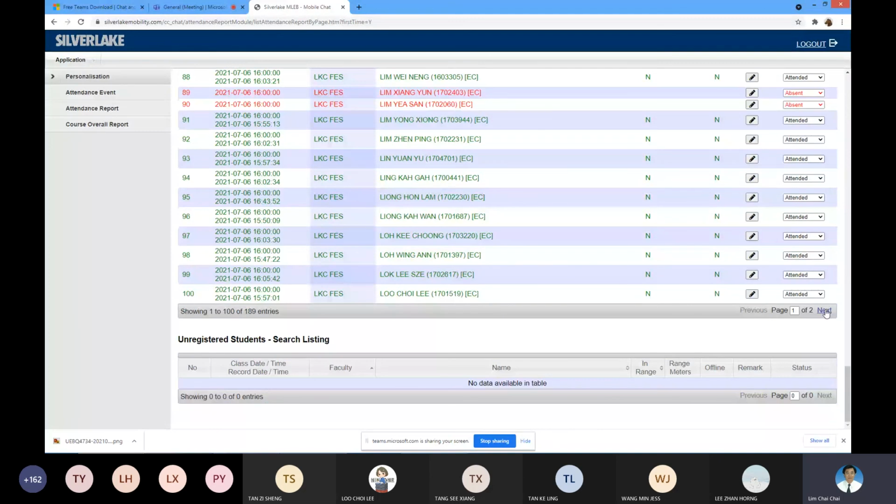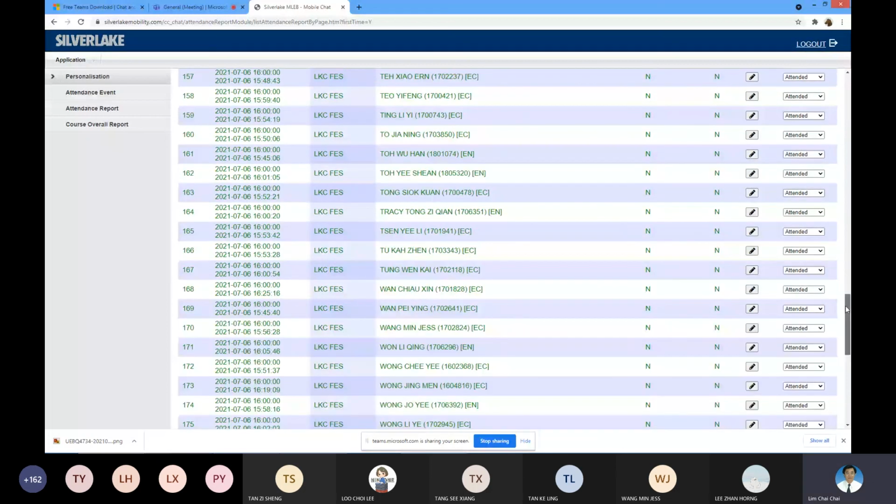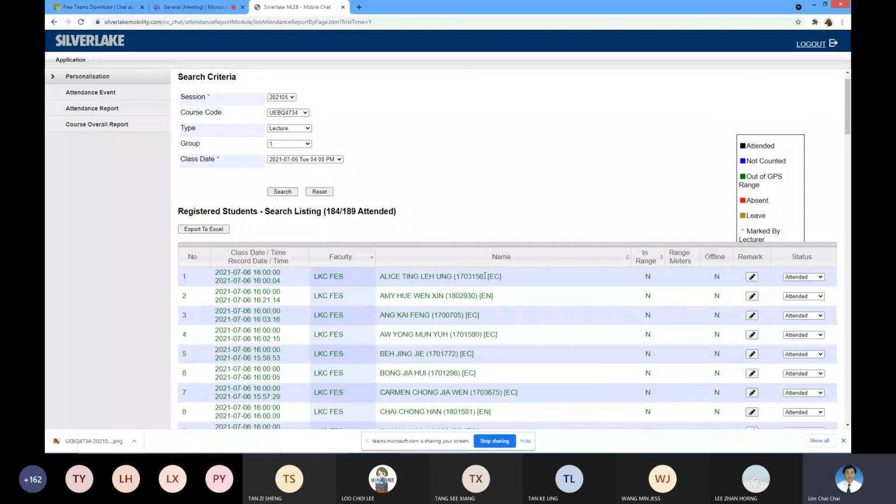There are another 2 more: Wong Yet Yu and Po Yit Hao. So 5 of you are absent unless you have valid grounds. If not, then 80% attendance is important. Okay, so I export it.